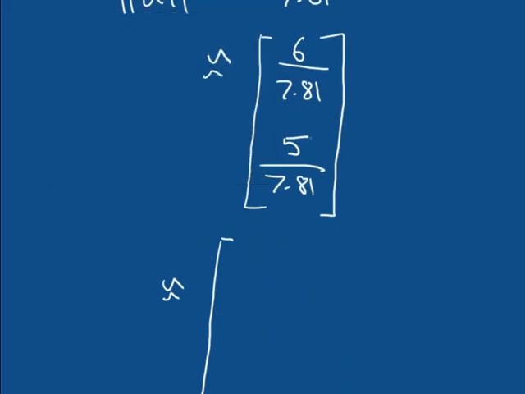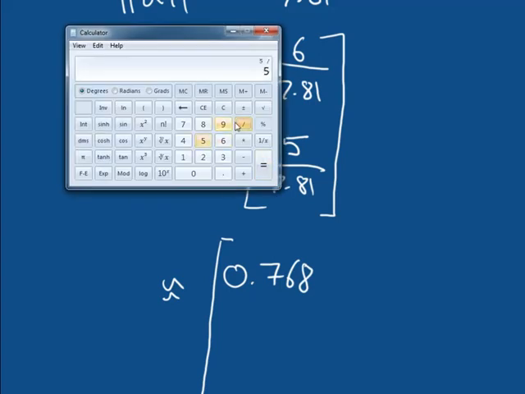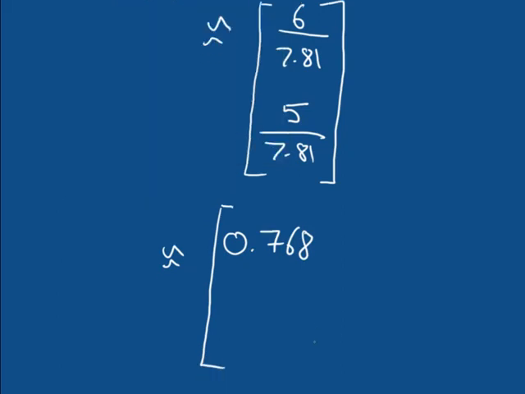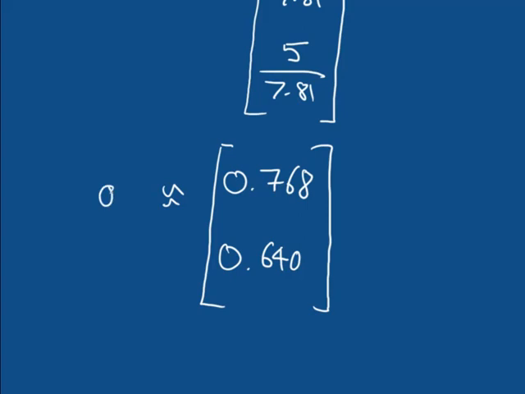Yeah, we'll use 3 decimal places, so 0.768 in x, and we can then work out y, so 5 divided by 7.81, and this is going to be 0.640. Fantastic. So this is our unit vector. A hat has an x component of 0.768 and a y component of 0.640.